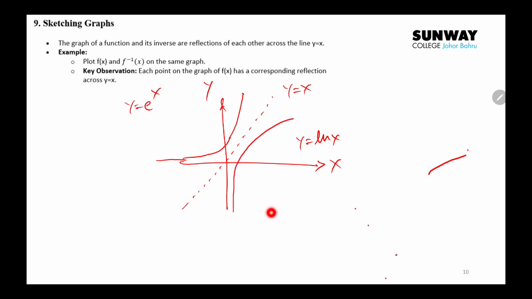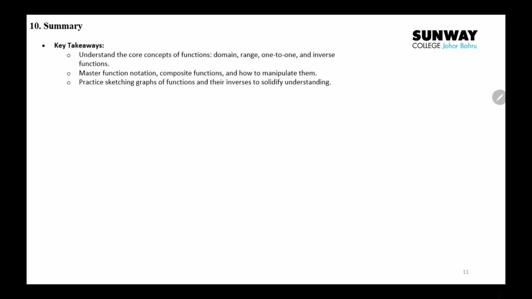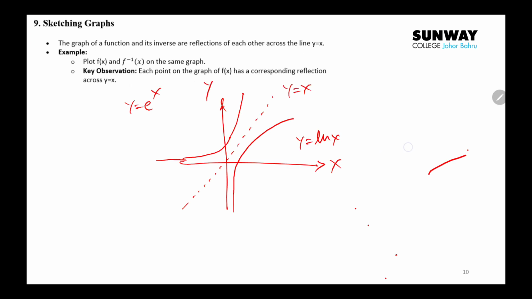Here you can see both of these are reflections of each other in the line y equals x. So that is the graphical meaning of inverse functions. It is a mirror image on y equals x.